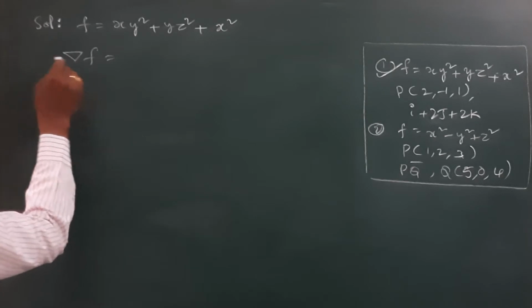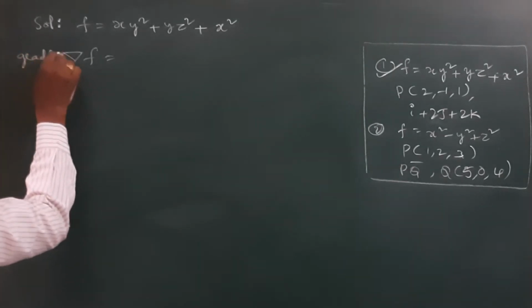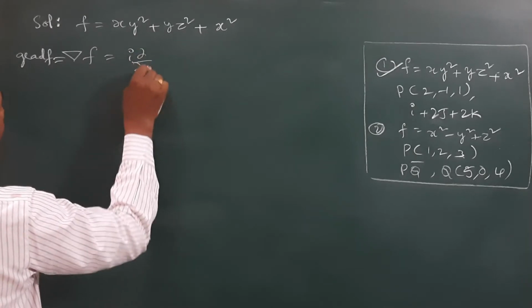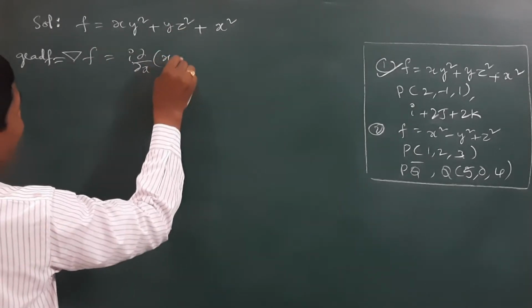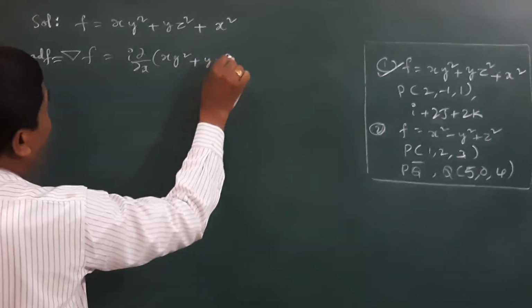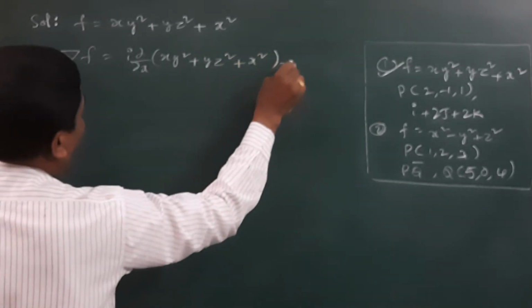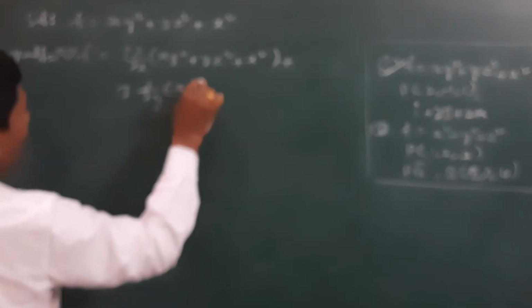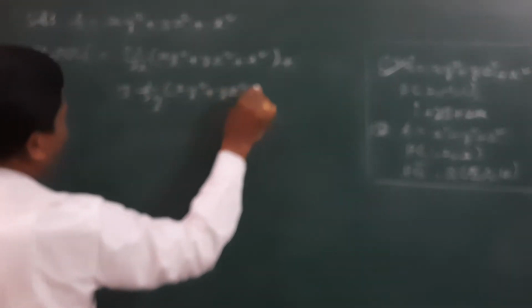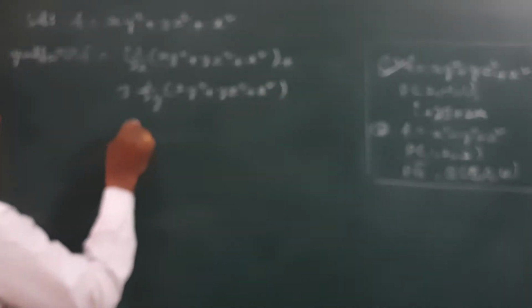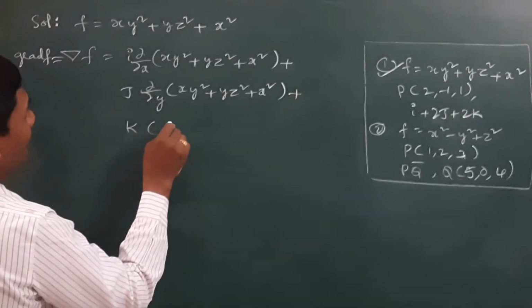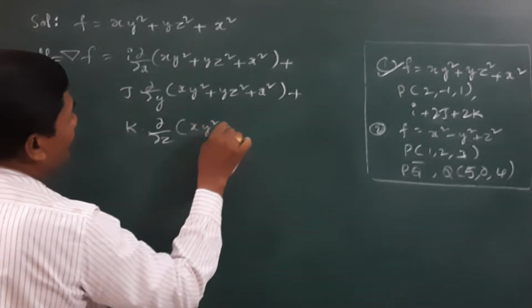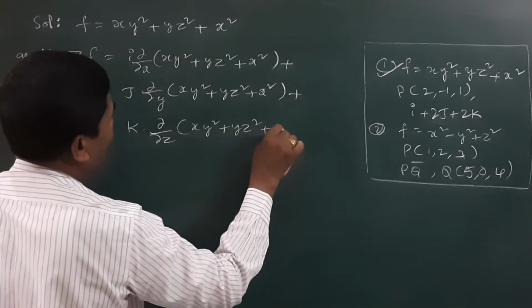So gradient f, or del f, is equal to i dou by dou x of the whole function, xy square plus yz square plus x square, plus j times dou by dou y of xy square plus yz square plus x square, plus k times dou by dou z of xy square plus yz square plus x square.